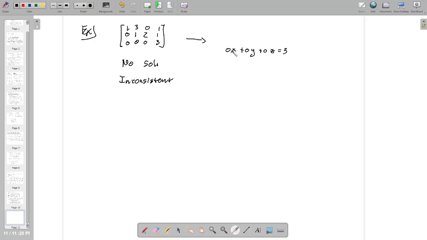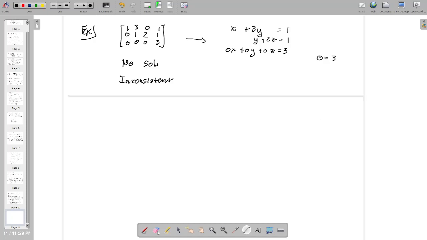Now on the left, 0 times x is of course 0, so you have 0 plus 0 plus 0 is equal to 3. So 0 equals 3 essentially. That's not possible. Now the other ones don't matter. x plus 3y is equal to 1, and y plus 2z is equal to 1. These two don't matter. The fact that we have an equation that is 0 is equal to 3 means that there is no solution to this system, because no x, y, and z can satisfy the third equation.